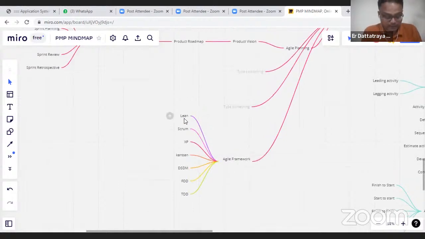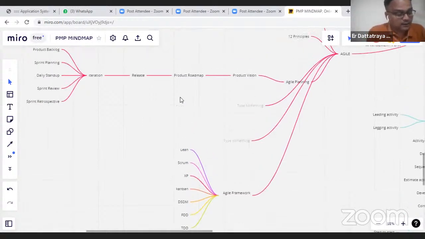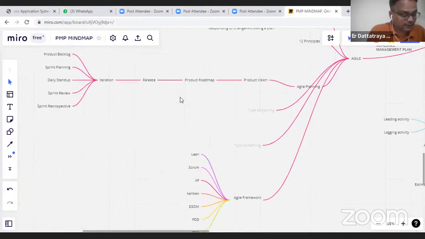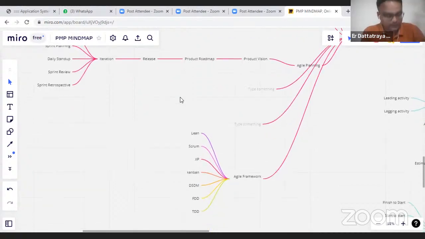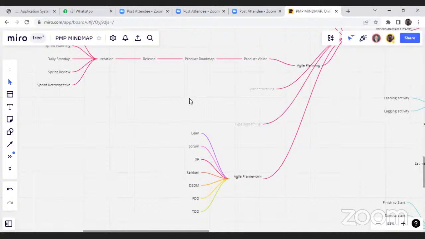After the sprint, these are the 5 major agile events or ceremonies. During agile, we use burn-up and burn-down charts, etc., to measure the velocity and the work.